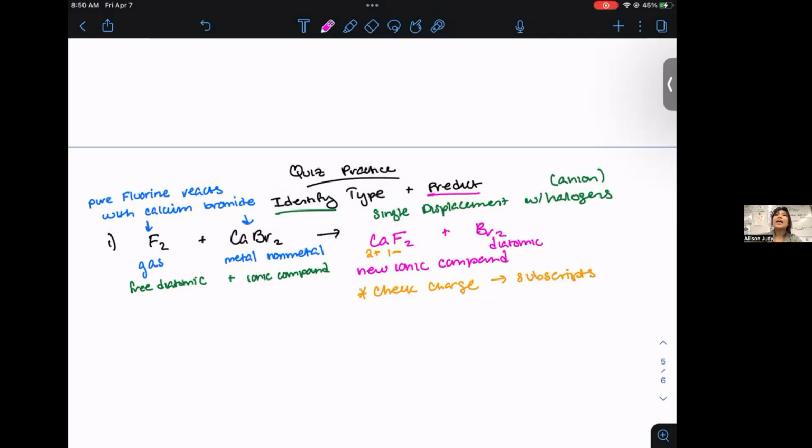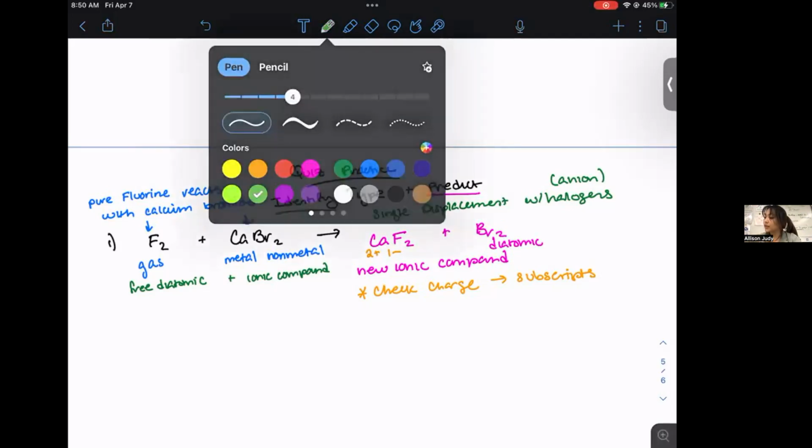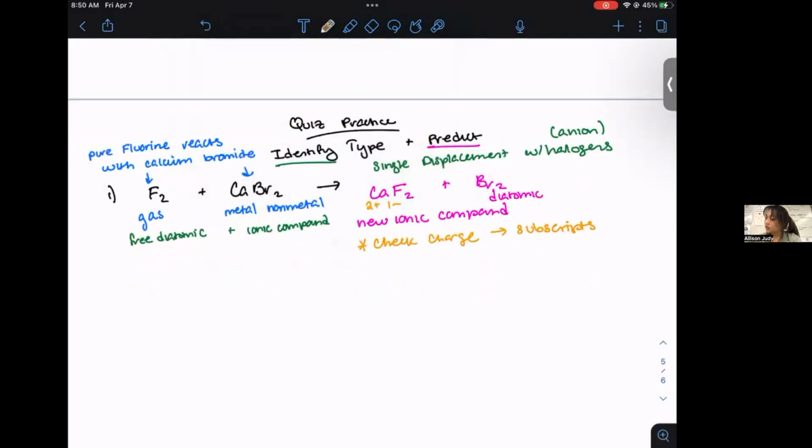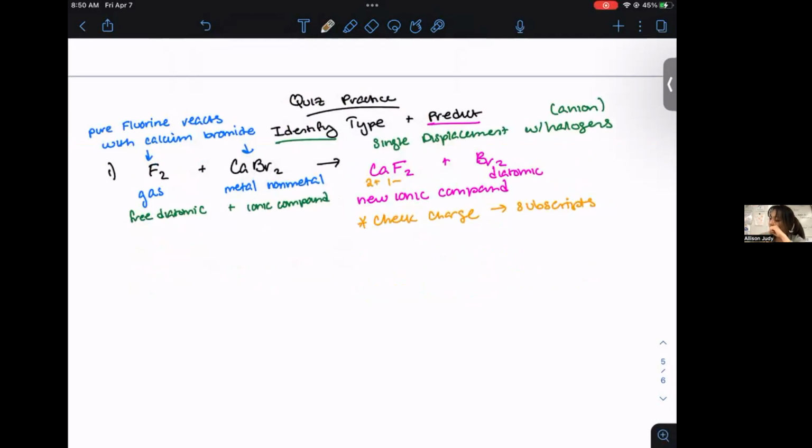Now that I've made the compounds correctly, now I check the last step on your quiz for balancing. Then I'm going to ask you to balance the darn sucker. Now that you've made compounds, you balance last, which means last, you figure out the coefficients.